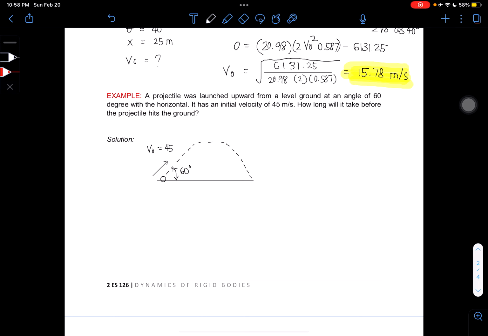So therefore our V0 is 45 meters per second. So ang unknown na to, how long will it take before the projectile hits the ground? So unknown na to is the time.